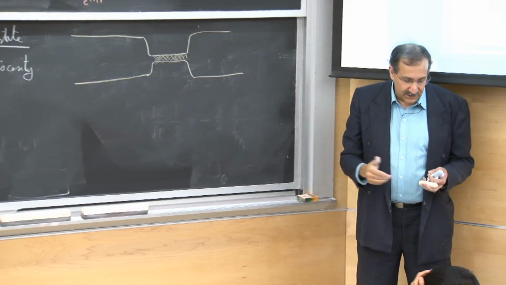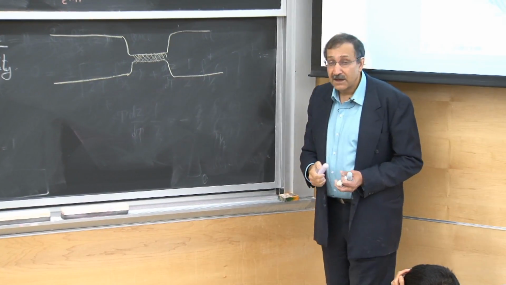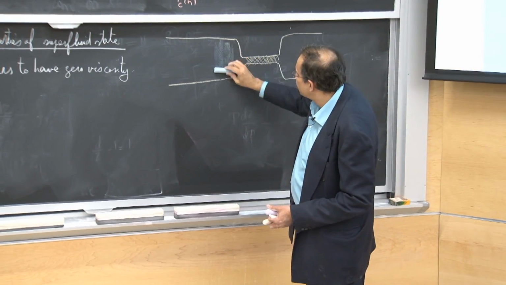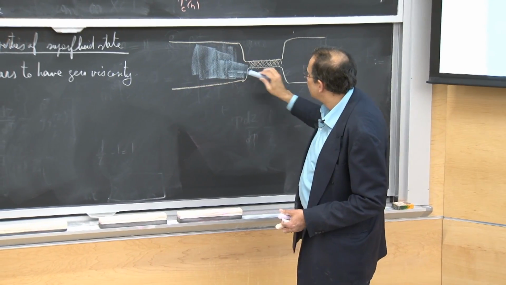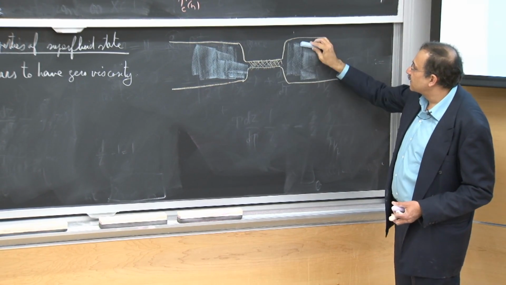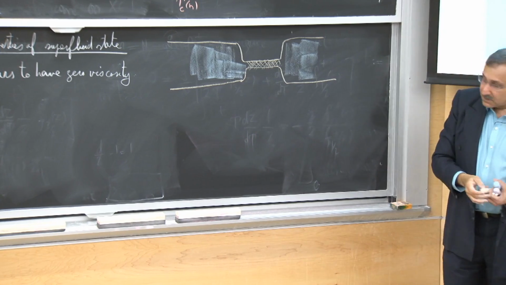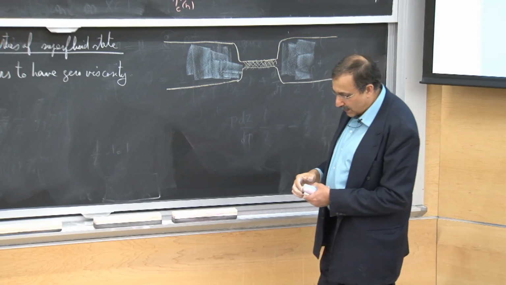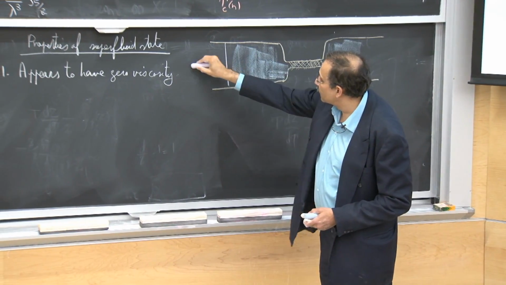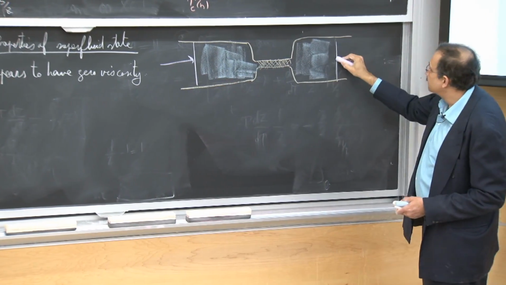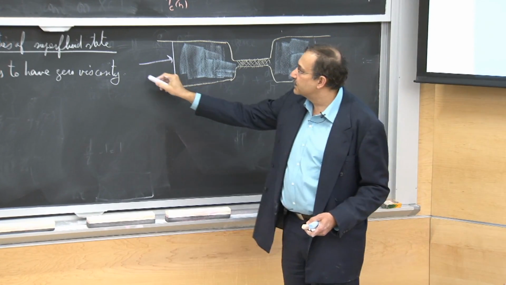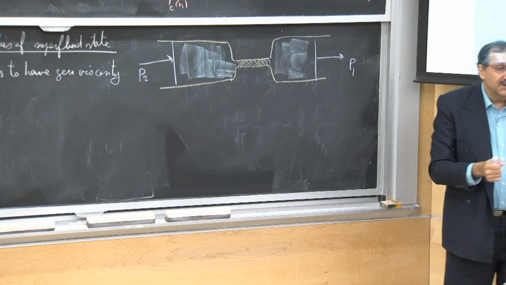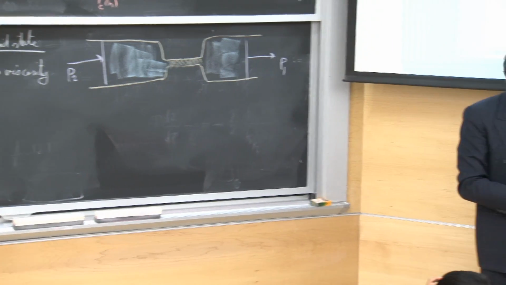But this could be a quite general way of measuring the viscosity of some fluid. You have some fluid, and you measure its viscosity by trying to pass it through a capillary, exerting pressure on one side and measuring the difference between the two pressures on the two sides as a measure of the force that you are exerting.